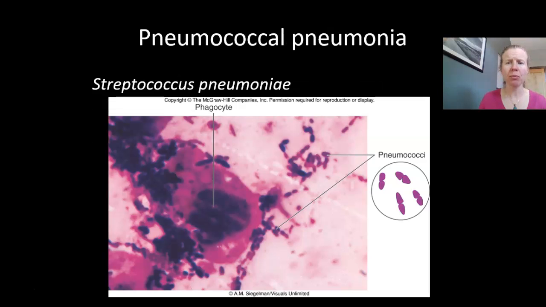So transmission-wise, right, we're looking at aerosolized droplets, sometimes contact, right? It can live on a fomite and maybe pick it up that way. And it's often actually endogenous bacteria, right? This can often be an opportunistic infection, right? You had a primary infection, influenza.